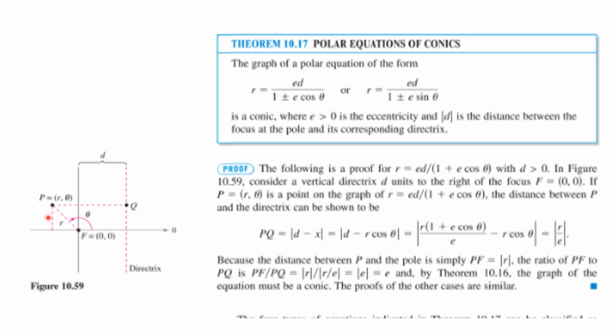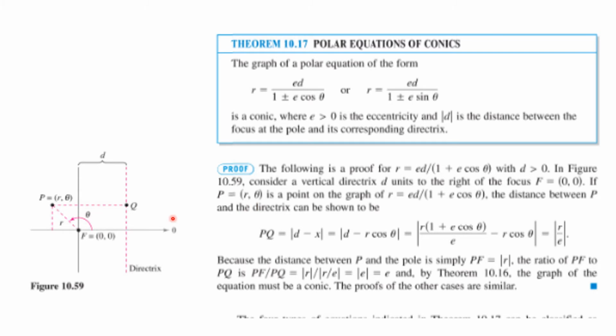And this is the point P (r, theta) that is on the conic section. And so I have this distance, and I have this distance, and those are the distances that we're looking at. Okay, so consider a vertical directrix, that's this one, d units to the right of the focus. So from here to here is d units, and I see that it is d units up here.